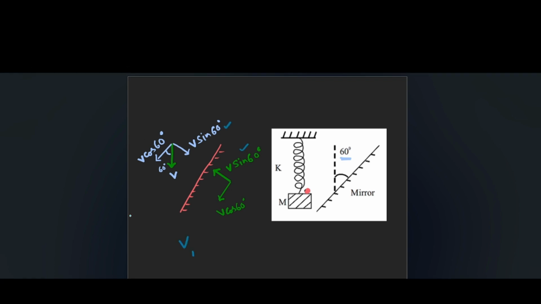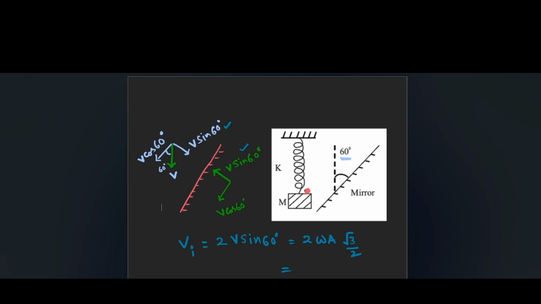So the velocity of the insect with respect to its image we can write simply as 2V, as I said in the basic concept, 2V sin 60 degrees. This is omega A, and sin 60 is root 3 by 2. So this is omega A root 3.